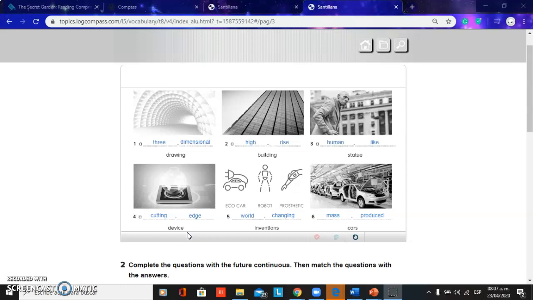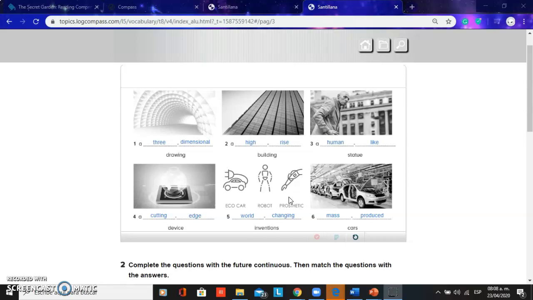So here, as we wrote in the definition, cutting-edge is an adjective that we use to talk about the most recent or advanced, okay? So here, as we are talking about a device, you need to write the adjective cutting-edge.